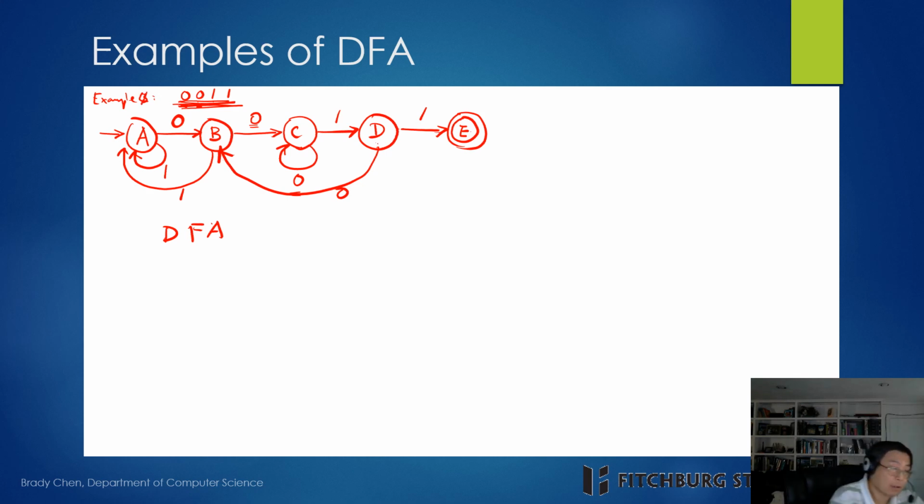Now let's take a look at the next one. Example 5. We try to build a deterministic finite automata that accepts strings which do not contain 0, 0, 1, 1. Now how can we do this?